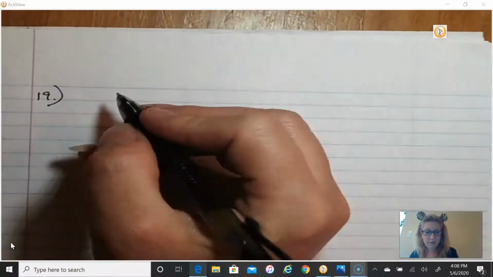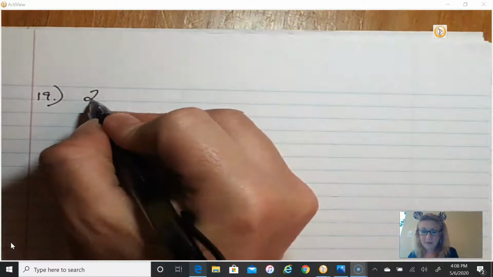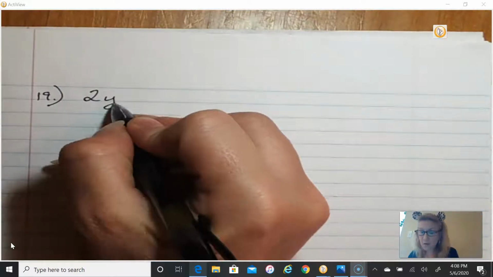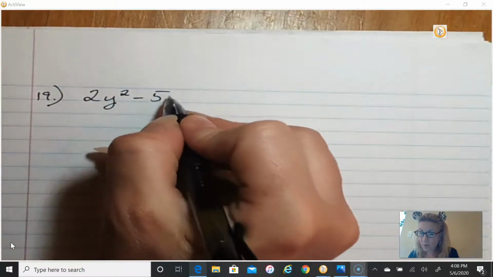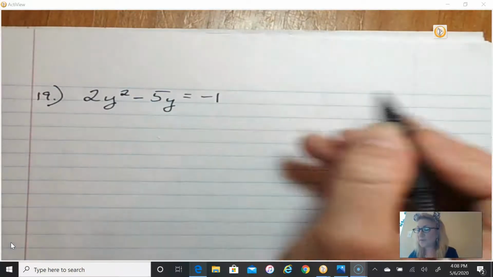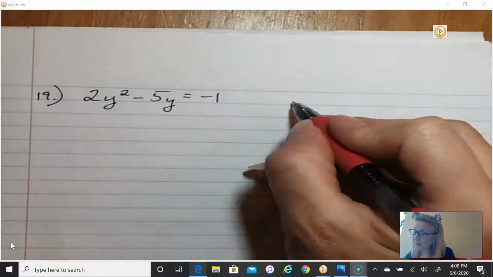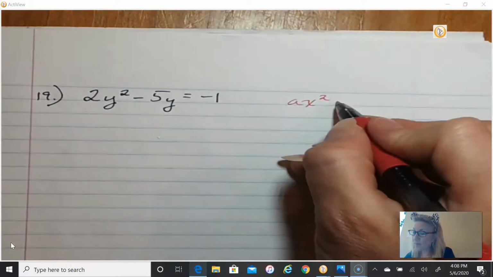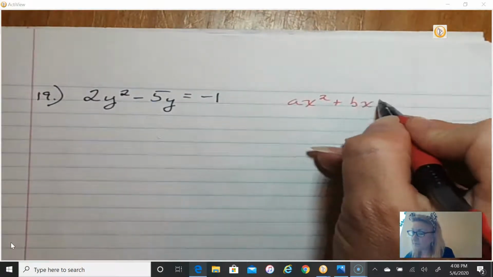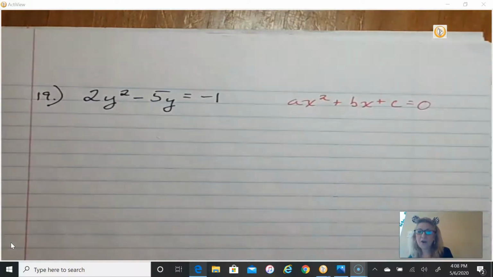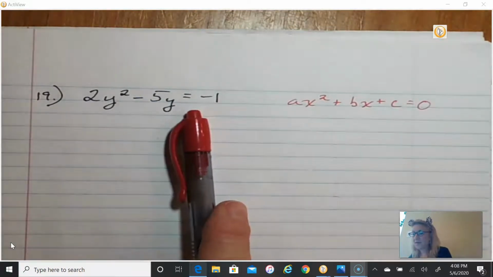Number 19. This is another one. 2y squared minus 5y equals negative 1. All right, is this in this form? No, it's not, because it's not equal to 0.